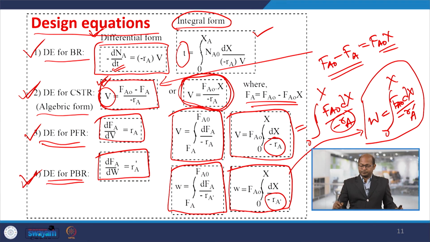Okay. So, let us say we want to get 80% conversion of a reactant, and for that we have to design a packed bed reactor.